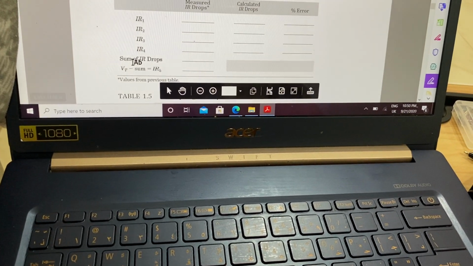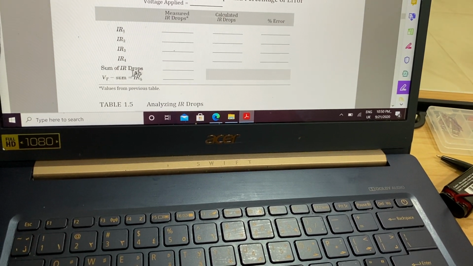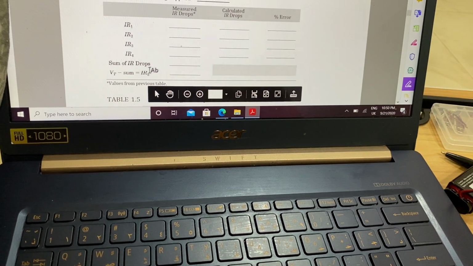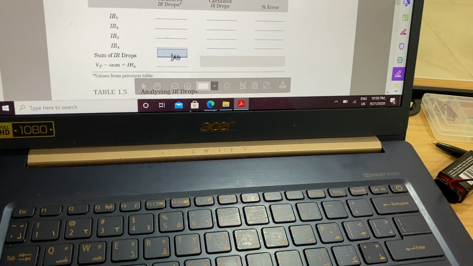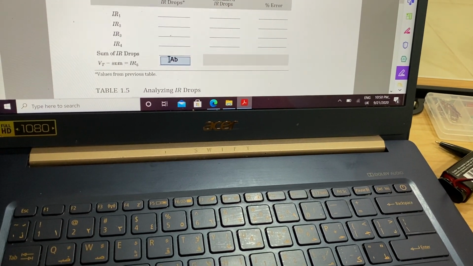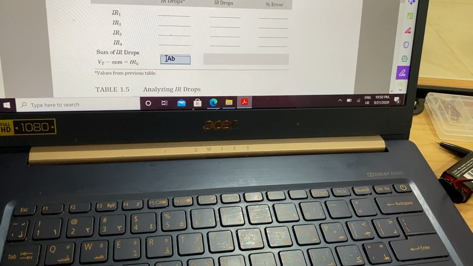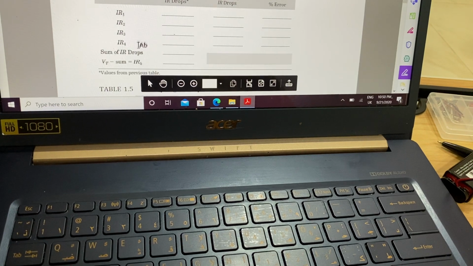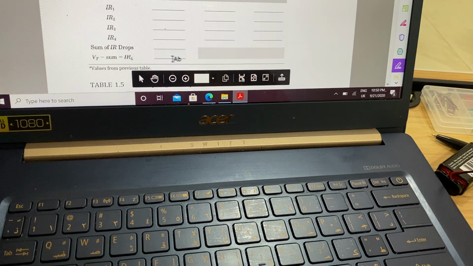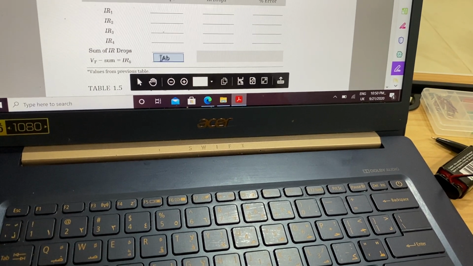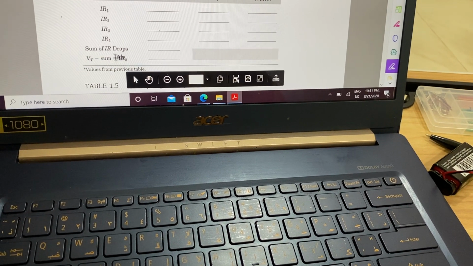Final step here, as you can see, I will sum all the voltage drops for the first four resistors, and I will put the summation here, and then I will subtract it from the total supplied voltage, which is the 9 volt, and I will verify that the remaining voltage drop will be the same as the voltage drop of the last unknown resistor.